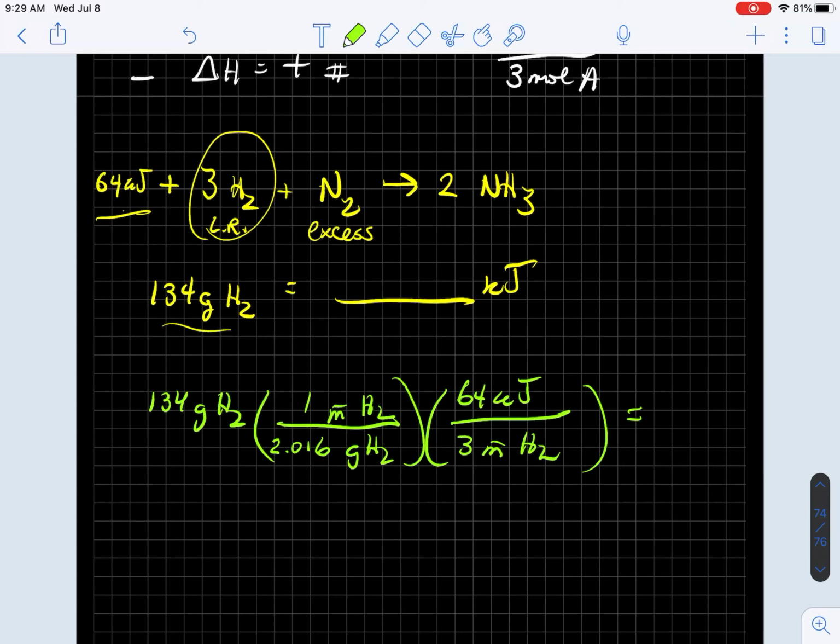So I can do 134 divided by 2.016 times 64 divided by 3. And I get 1,417.98. So I'm going to do 3 sig fig. So 1,420 kilojoules of energy. And that's really all there is to it.